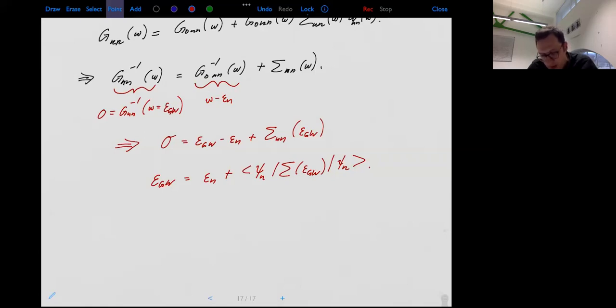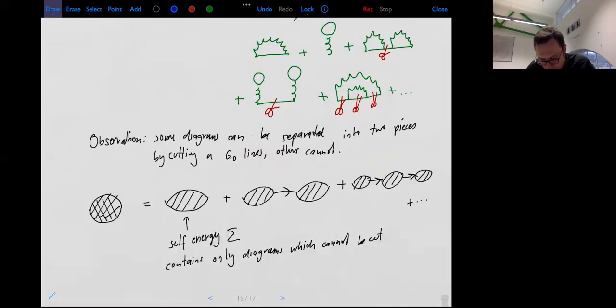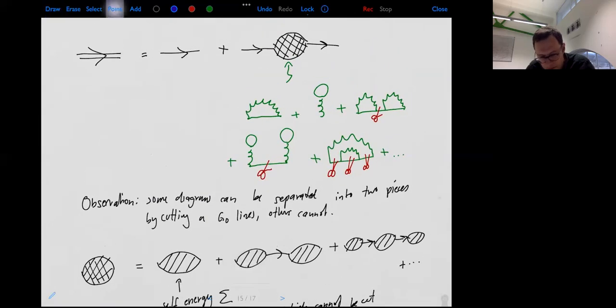First of all, we have to separate the self energy into a Hartree part and the rest, which is called sigma GW. As I've shown you, the Hartree part is just this diagram here.